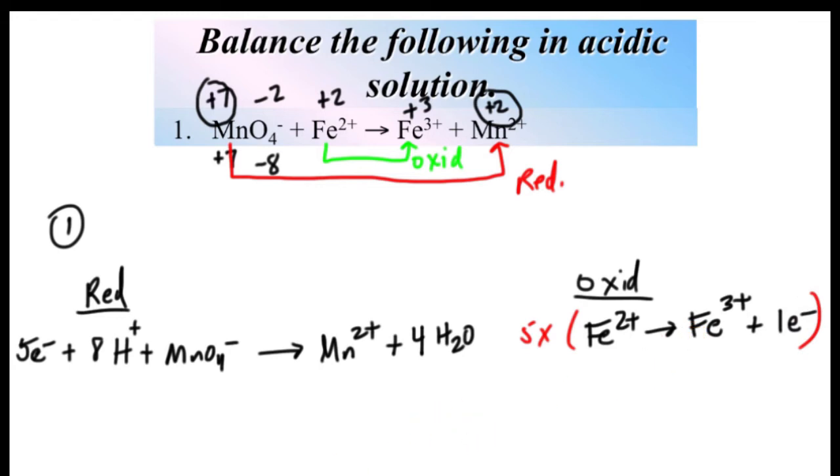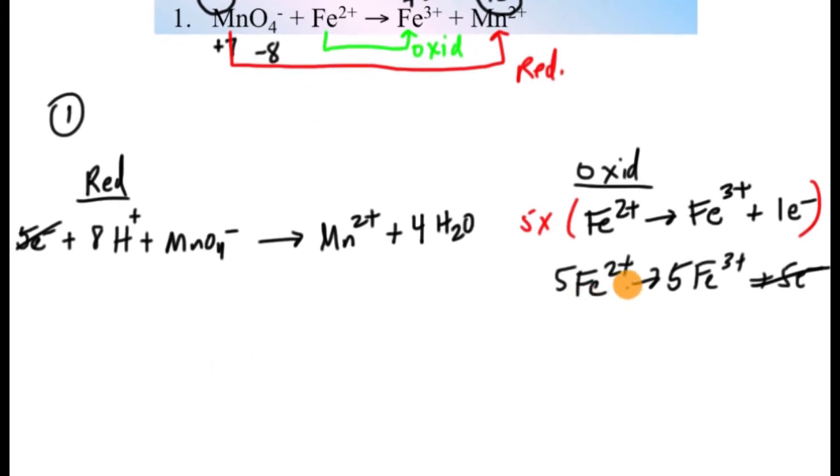So therefore, I'll have 5 Fe2 plus, iron 2 plus ions. I'll have 5 of the iron 3 plus ions, and I'll also have 5 of the electrons. Now, if an electron is on the reactant side and an electron is on the product side, I'm going to cancel that out. Right? We don't need to see the electrons transferring. And all I'm going to do is take my reactants and combine them back together. I broke them apart. Now I'm going to unify them back together in one overall reaction.